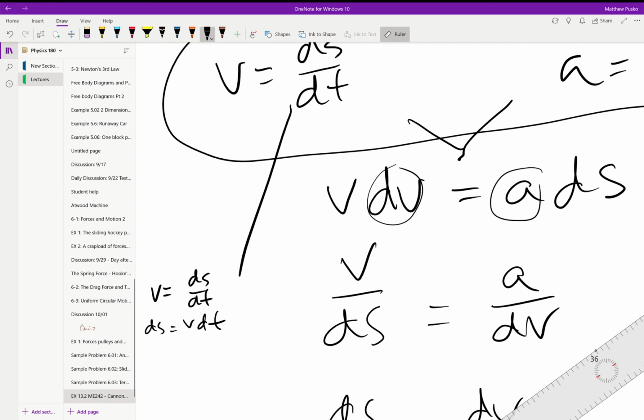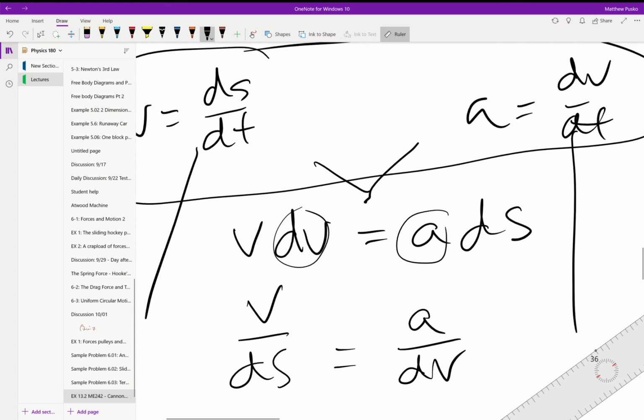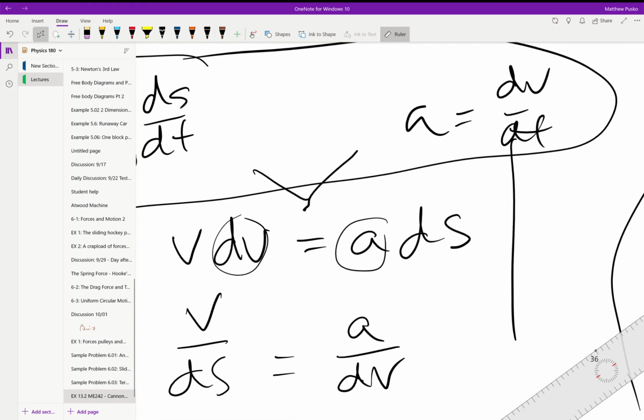And then I need the other one right here. Acceleration is equal to dv dt, or dv is equal to the acceleration times dt. If I integrate both sides, I get v final minus v initial is equal to the acceleration times delta t. And that's one of our equations right there. V final is equal to v naught plus the acceleration times time.